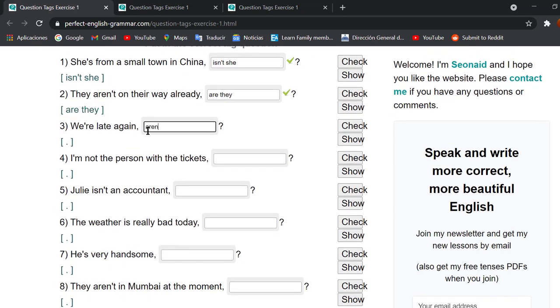Are not we. Correct? Yes, it is. Among the person with the ticket, let's forget about the exception in this case. Let's put am I, and it's correct.